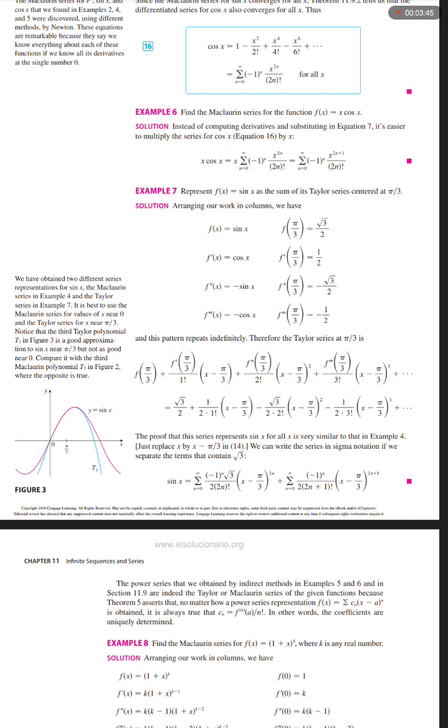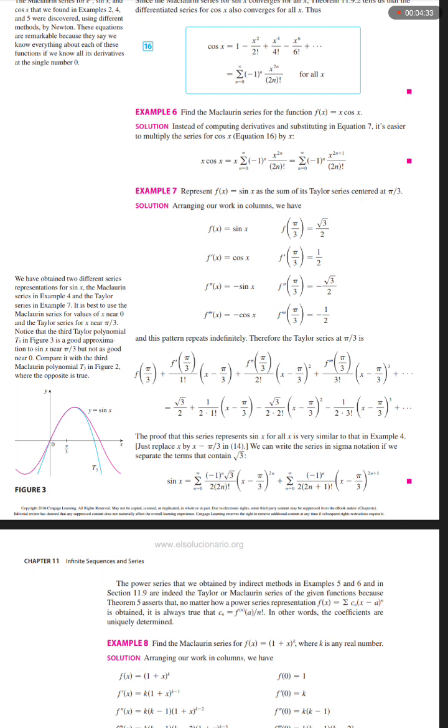equals square root of 3 over 2, plus 1 over 2 times 1! times (x - pi/3), minus square root of 3 over 2 times 2! times (x - pi/3)^2, minus 1 over 2 times 3! times (x - pi/3)^3, plus ... The proof that this series represents sine for all x is very similar to that in example 4.